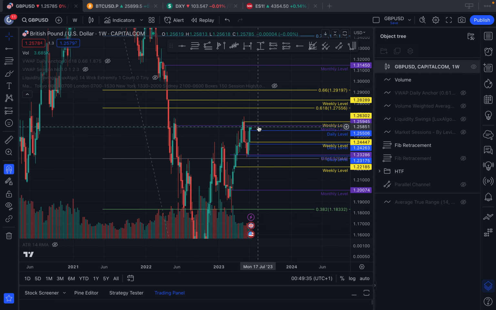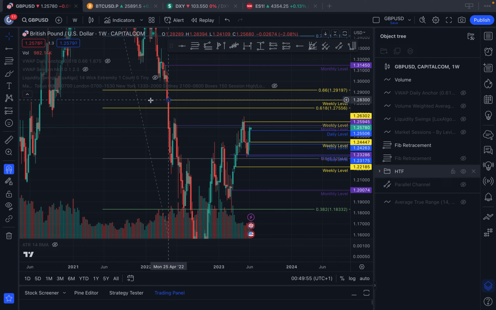So again, we are coming into high time frame resistance as well. If we were to clear this weekly of 1.26302, our next one is this big one at 1.28, which is absolutely huge resistance because we're in the middle of this 618 and 66.